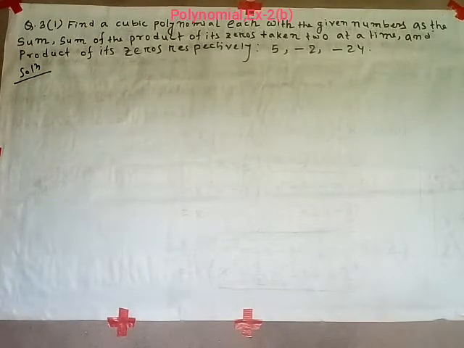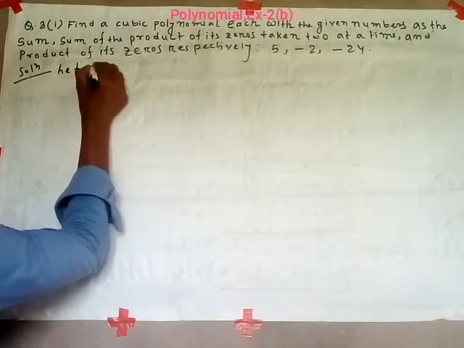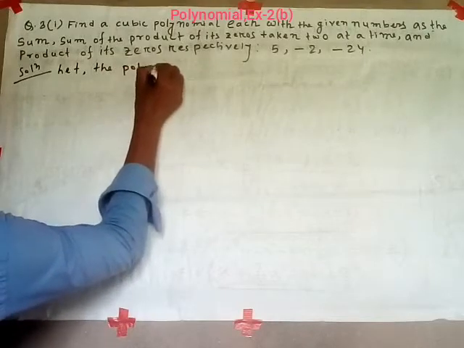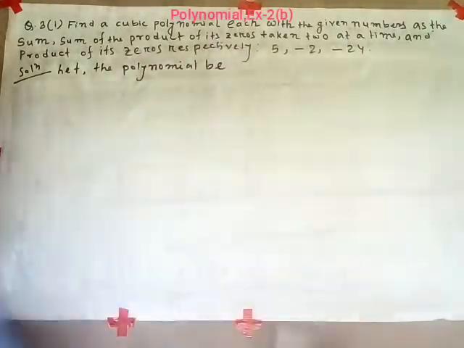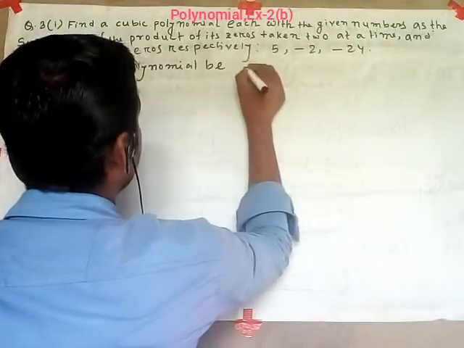Let the polynomial be, what is the general form of the polynomial?